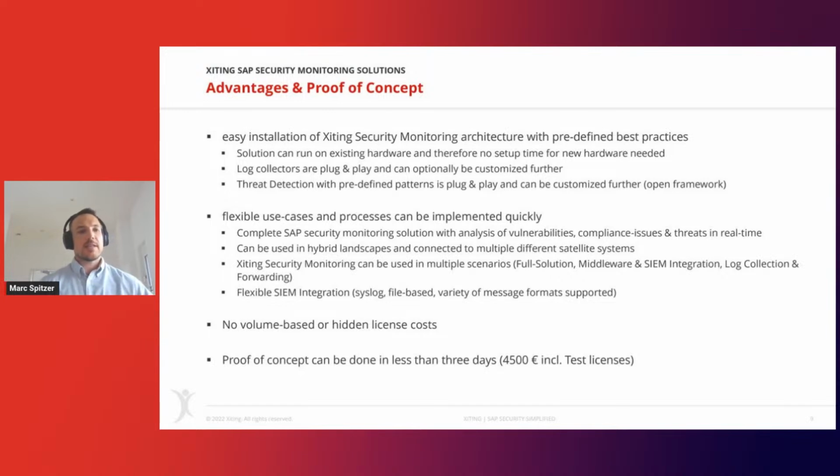Of course, you can customize those as well. If you want the security audit log extracted, but only from clients 100, 200, 300, and only from users with namespace Z, for example, you can do stuff like that. And it's not a big deal either.